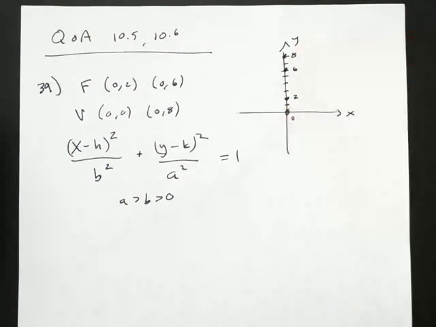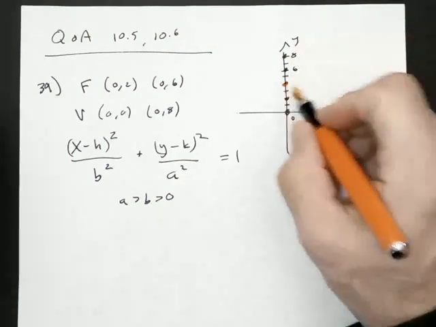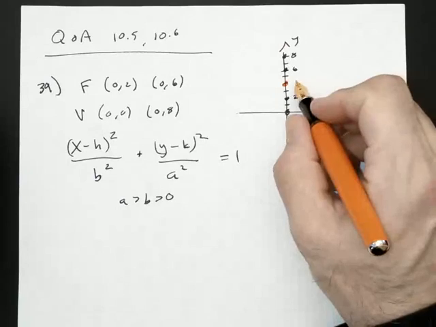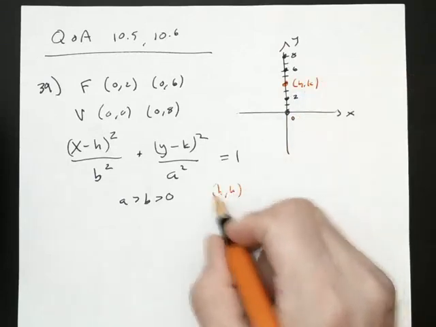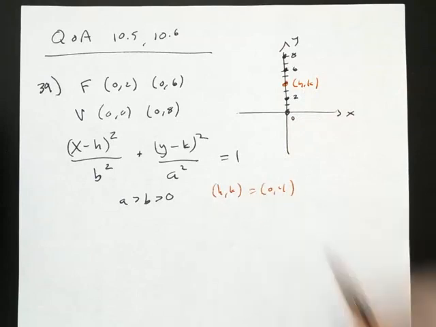Halfway between 0 and 8 and halfway between 2 and 6 is (0,4). So that is the center, h, k. Great, I have two of the four numbers I need. Beautiful, wonderful.